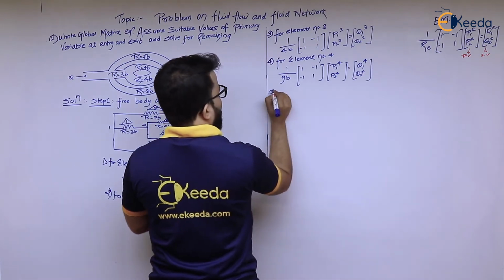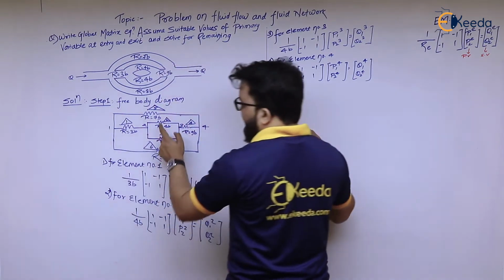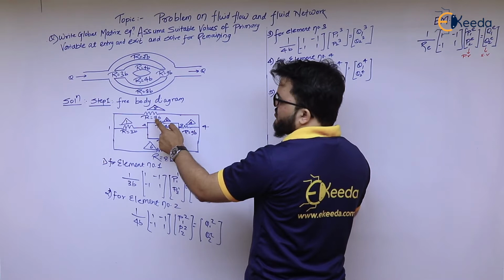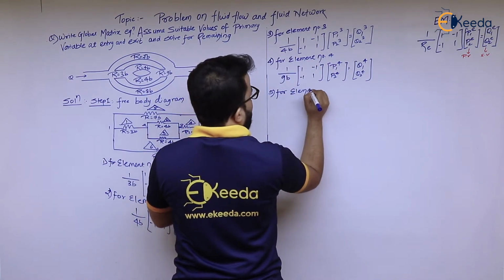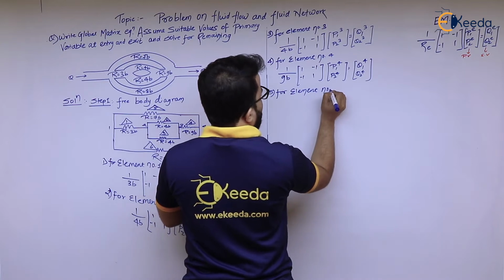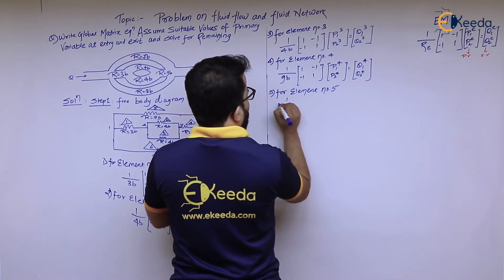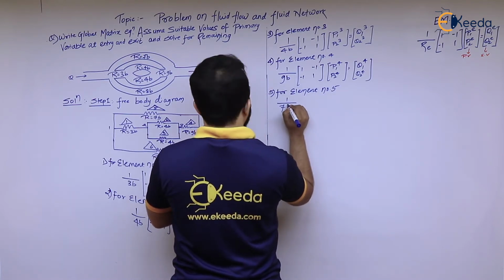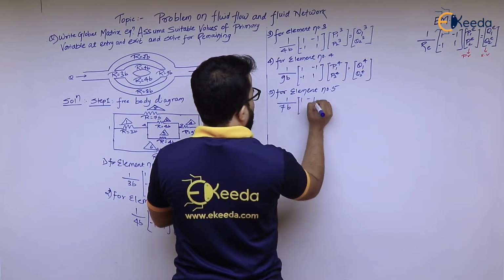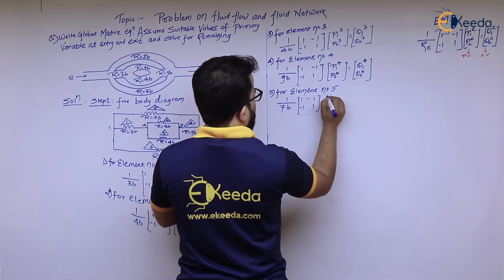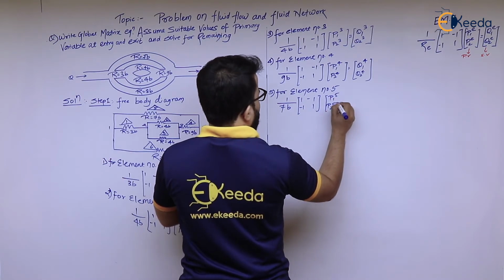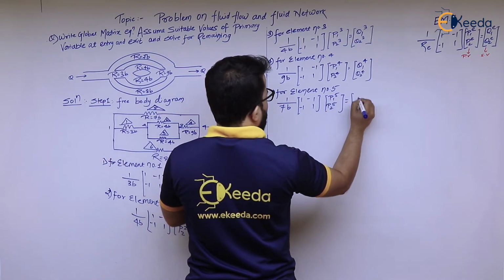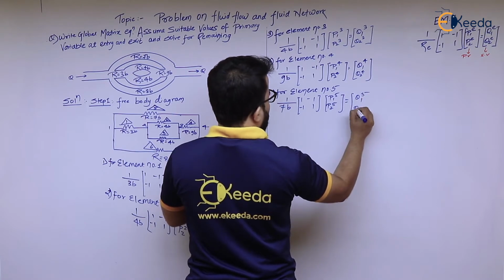Same thing for element number 5, where R is 7B: 1 upon 7B [1 -1; -1 1] into P1 5, P2 5 equals Q1 5, Q2 5.